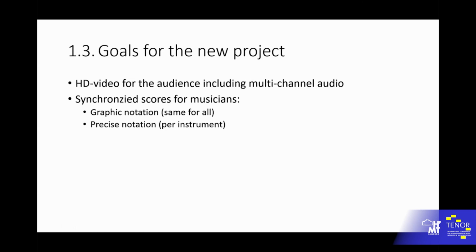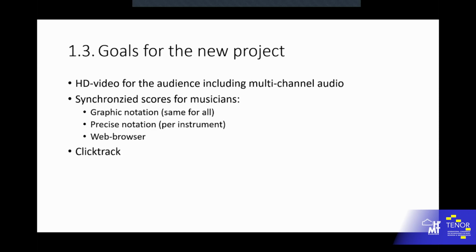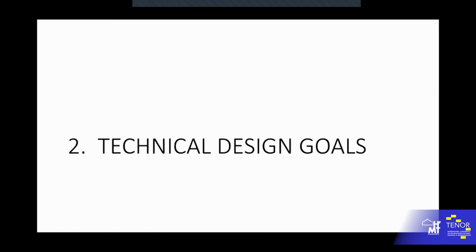Everything should run on a web browser, so everybody can use the computer, smartphone or tablet they own. As I also wanted to use some passages that needed groove, I needed a click track for the drummer and for the conductor. Now Lothar Felten is going to describe the development of the software.